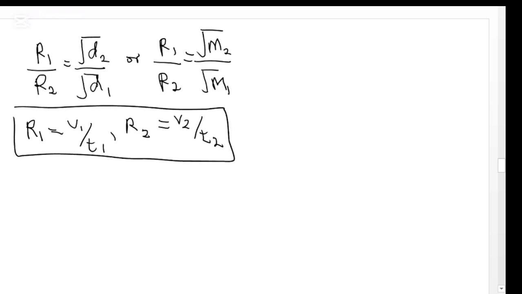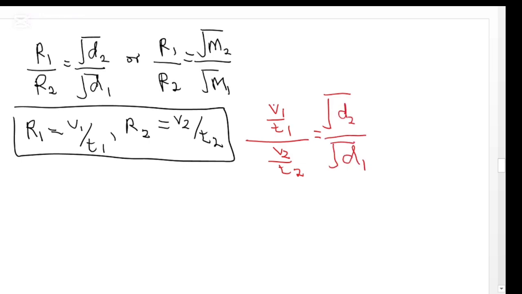So that will give us V1 over T1 over V2 over T2 is equal to square root of D2 over square root of D1, or we say V1 over T1 over V2 over T2 equals square root of M2 over square root of M1.